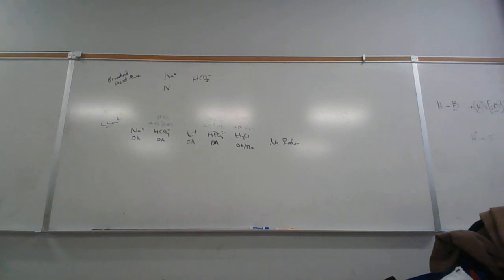Formic acid, acetic acid, carbonic acid, CO2 and water, hydrogen sulfide or hydrosulfuric acid. When we name H2S as an acid, we call it hydrosulfuric acid. When we name it as just a molecule, we call it hydrogen sulfide. Dihydrogen phosphate, ammonium, hydrocyanic acid, and bicarbonate. And so this is an acid.